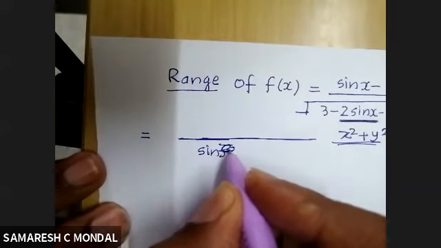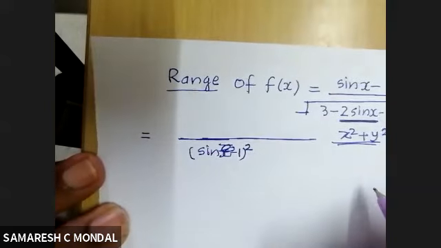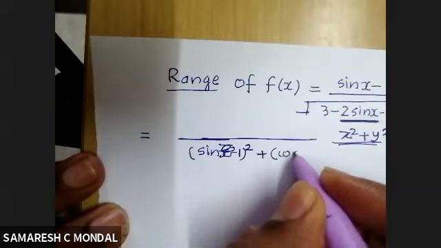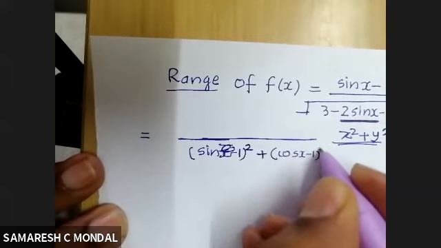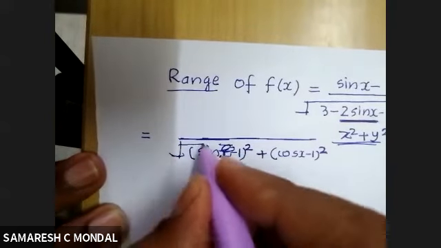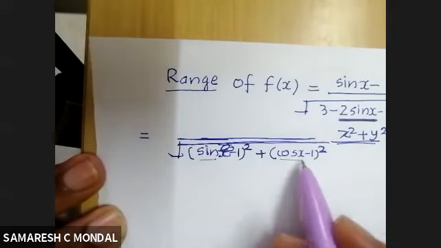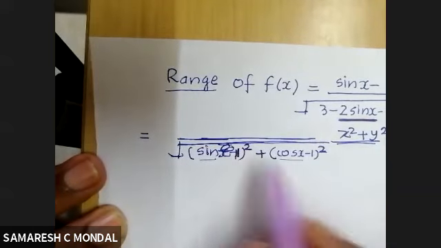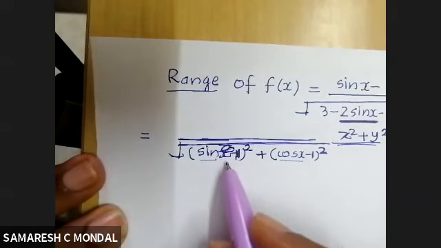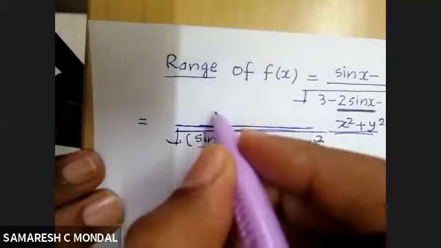So it will come (sin x minus 1) the whole square plus (cos x minus 1) the whole square, under a root. So sin square x plus cos square x is 1. Here 1 square is 1, here also 1 square is 1. So 3 is coming, and at the same time, minus 2 sin x minus 2 cos x will also come.